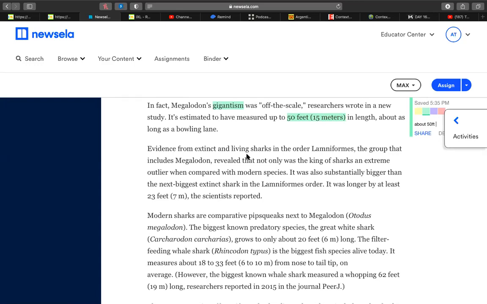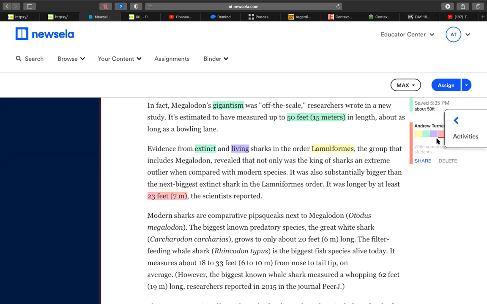I'll go. All right. Evidence from extinct and living sharks in the order Lamniformes, the group that includes Megalodon, revealed that not only was the king of sharks an extreme outlier when compared to modern species, it was also substantially bigger than the next biggest extinct shark in the Lamniformes order. It was longer by at least 23 feet, 7 meters, the scientists reported.